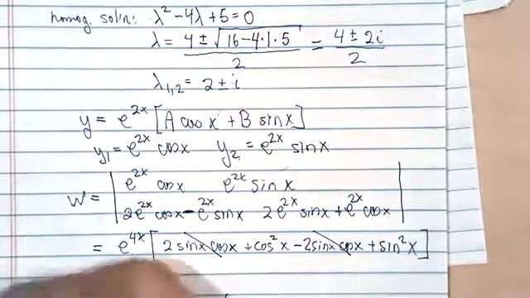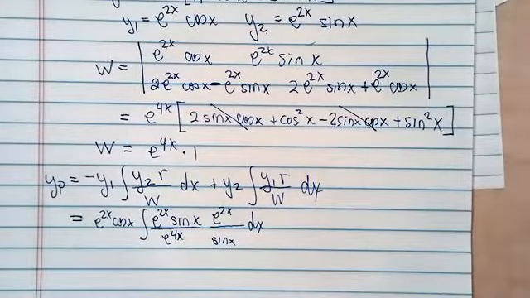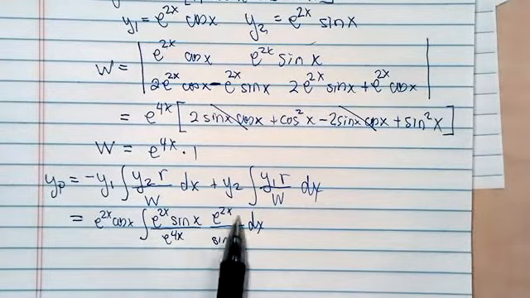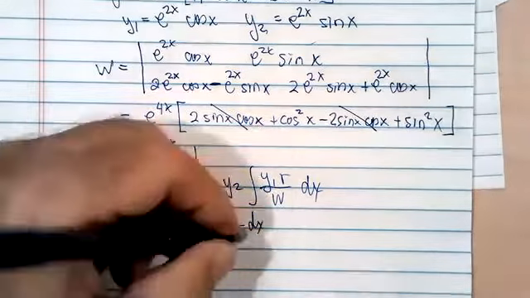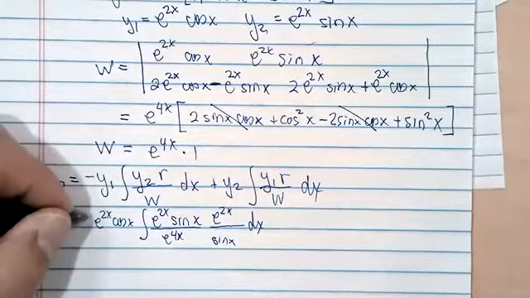Now, the intermediate steps were kind of impressive, but this is really convenient. Sine x over sine x, that's 1. E to the 2x times e to the 2x divided by e to the 4x, that's 1. This integrand is just 1 here. So that's looking good. So minus y1, I lost my minus sign.